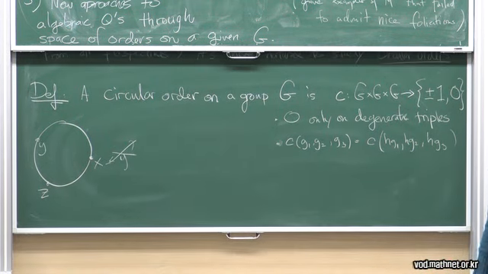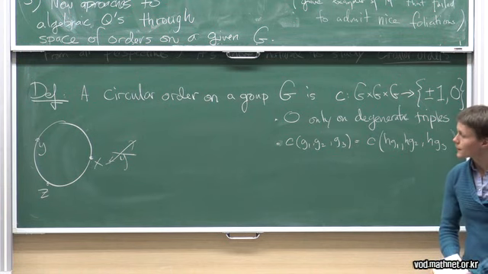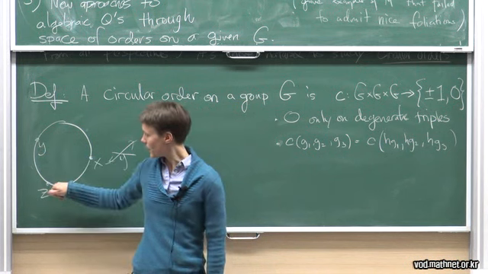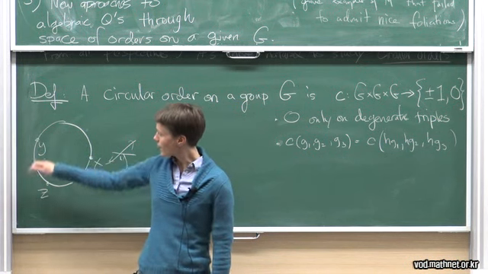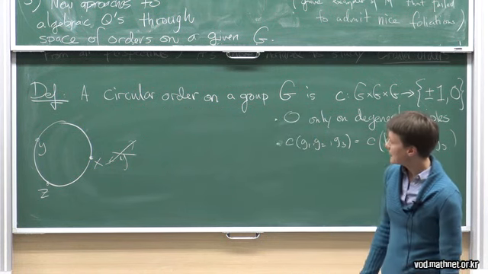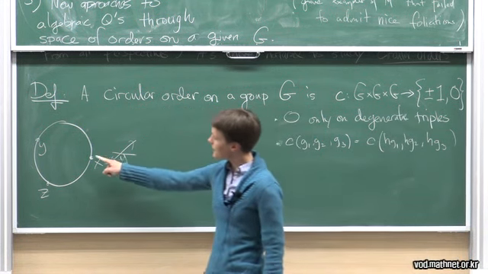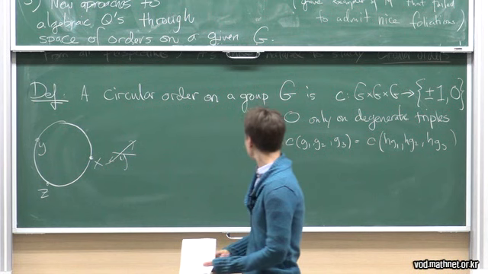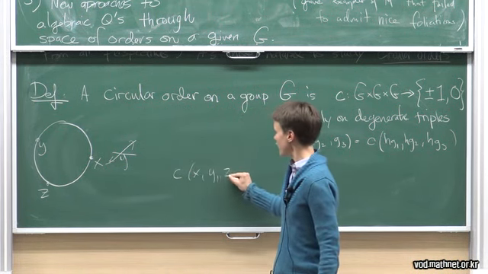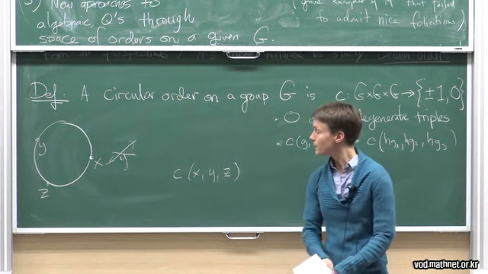And if you go back to the circle and you think about if there's any other constraints satisfied by the ordering of points, suppose I take an x, y, and z that are positively oriented. So I know that C of x, y, and z is 1, say.